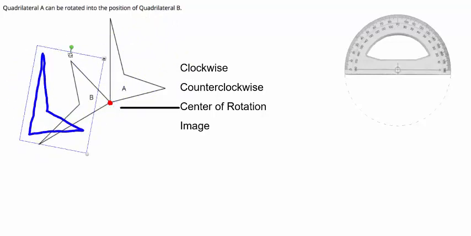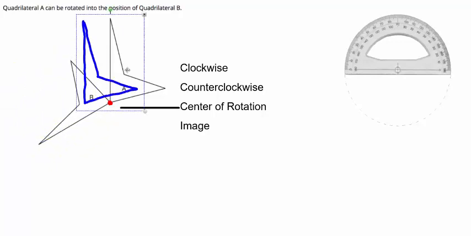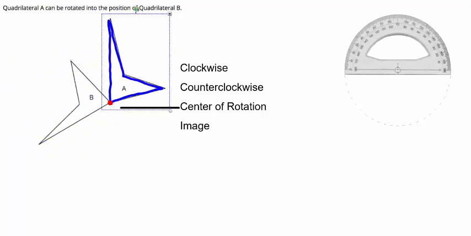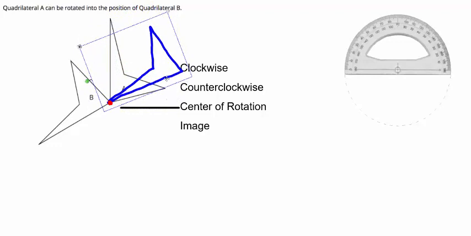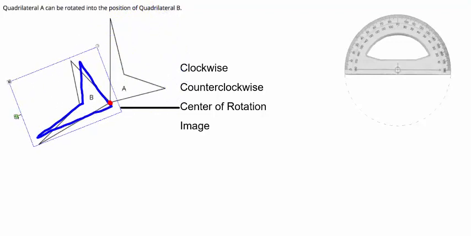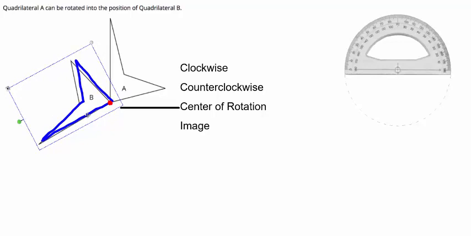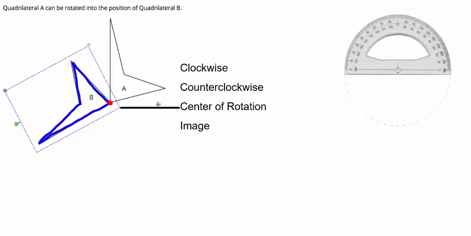Or I could rotate it this way, and that's rotating counterclockwise. So we have two directions, clockwise, which turns around this way, and counterclockwise, which turns around that way.